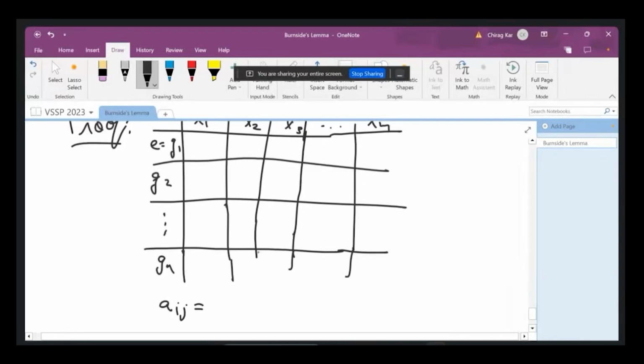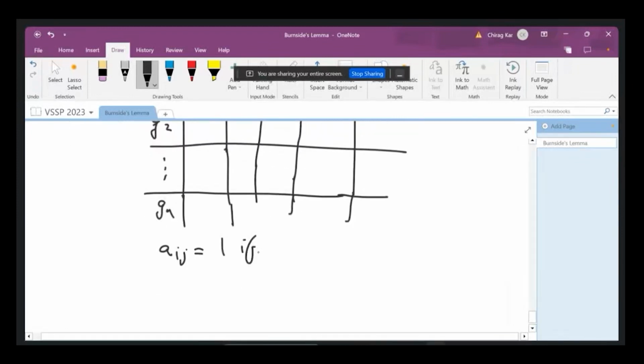aij is equal to 1 if gi dot xj is equal to xj, and 0 otherwise.